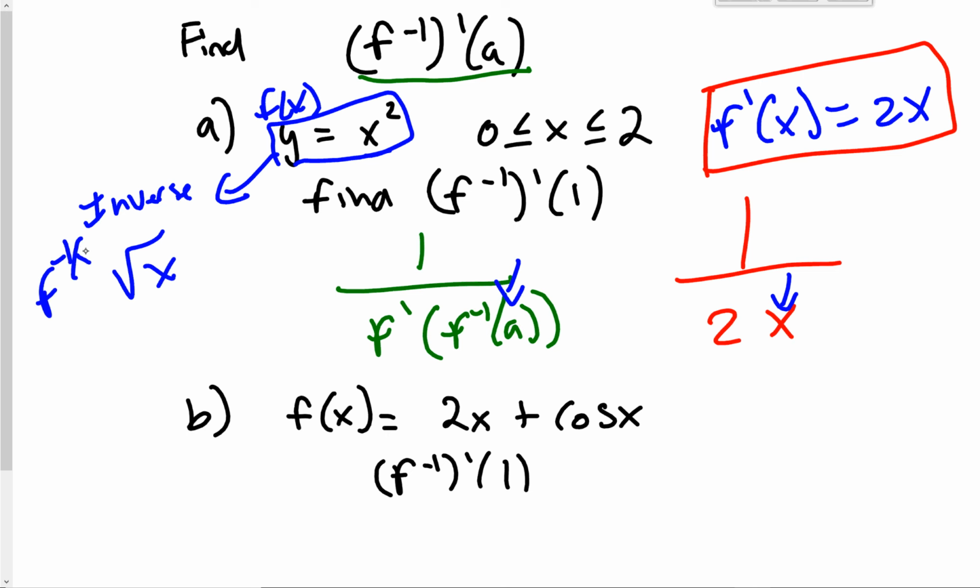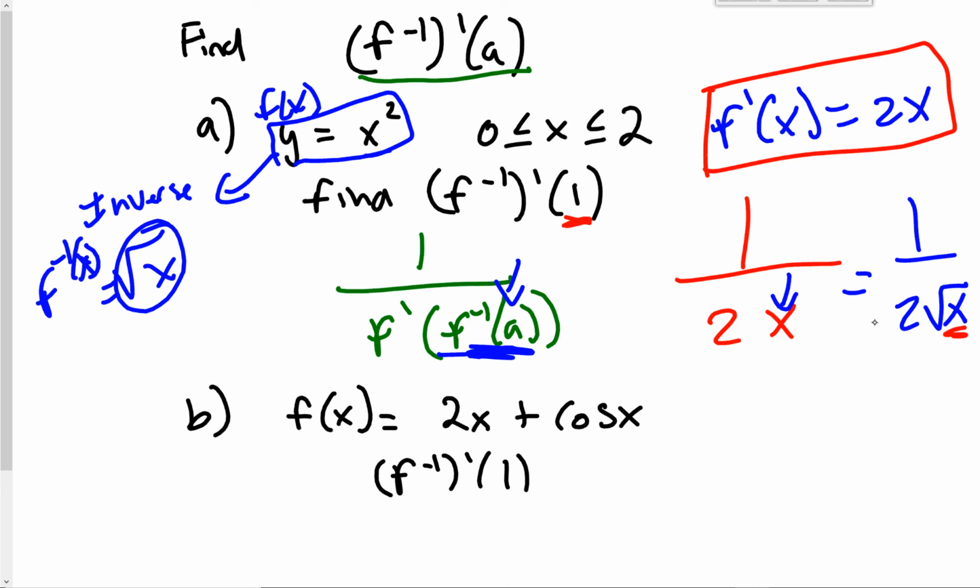So f inverse of x equals square root of x. And so this x is actually going to be the inverse function, which is square root of x. So this becomes 1 over 2 over the square root of x. Now I can go ahead and plug in my a for this x, 1. And so I'm going to get 1/2.